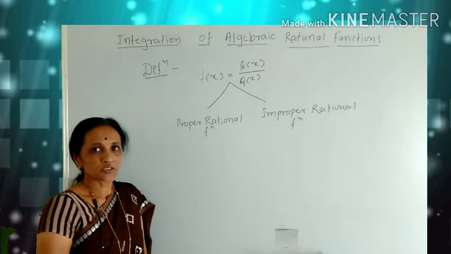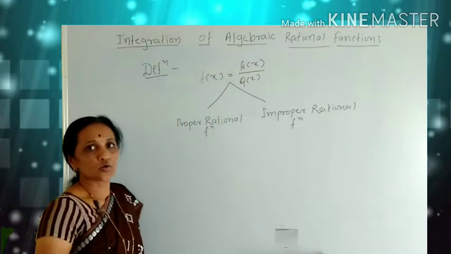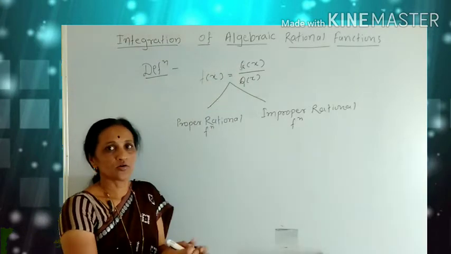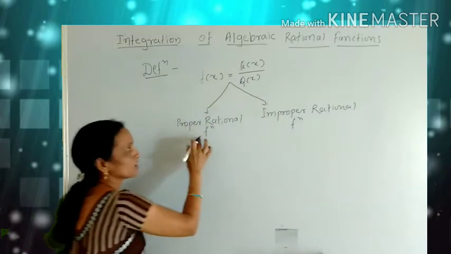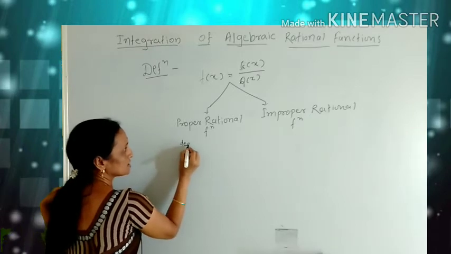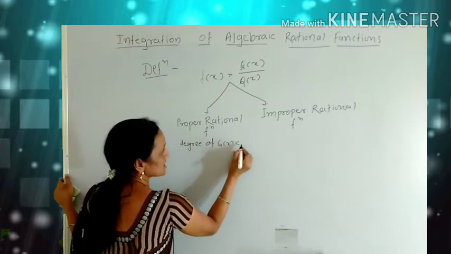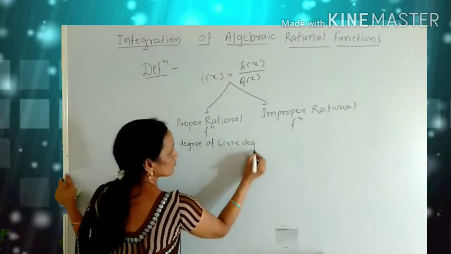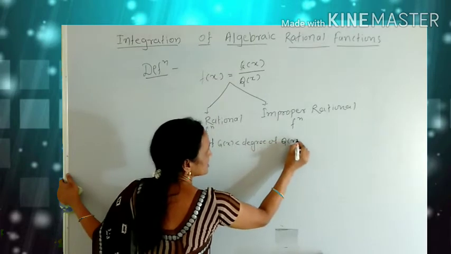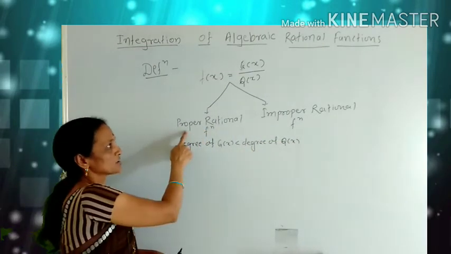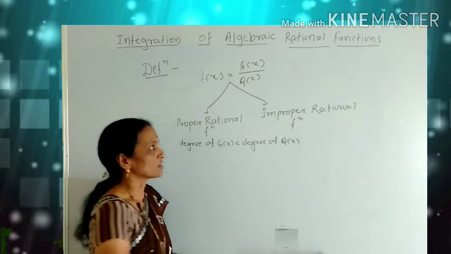In the proper rational function we consider the degrees of g(x) and q(x), meaning the numerator and the denominator, such that in a proper rational function the degree of the numerator g(x) is less than the degree of the denominator q(x).